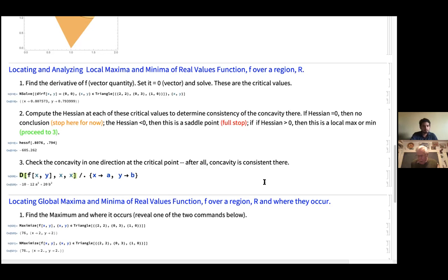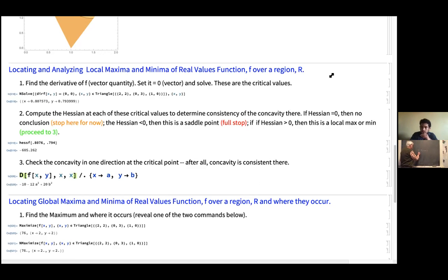And now, if you want to find out if the function is concave up or concave down at those critical points, and if you're doing this in one dimension, the first part is exactly the same. Take the derivative, set it equal to 0, and solve.